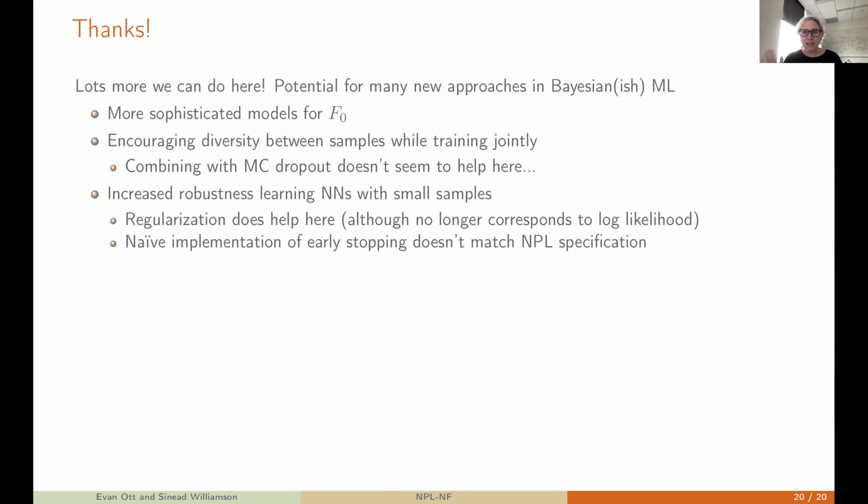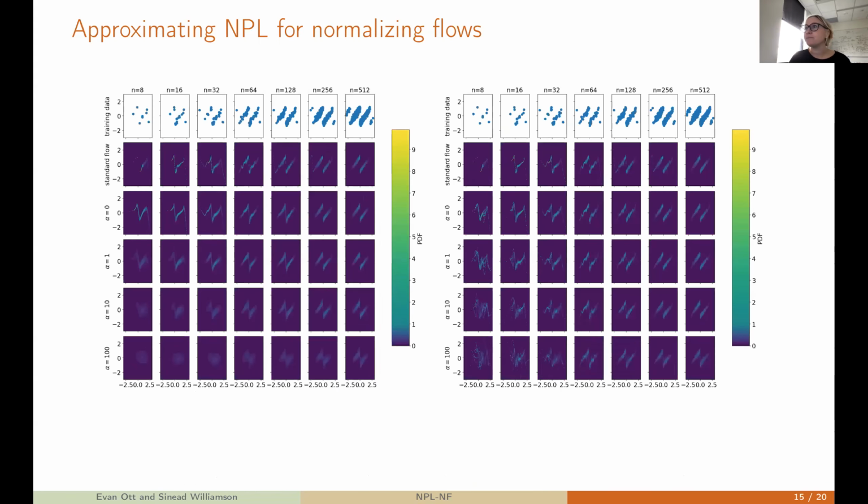And while I'm really pleased with this work, I do think there are ways it could be improved. Right? So if I look back to this slide, we do see some evidence that we're not getting quite as high uncertainty, especially in this very small n case, as we would under an exact model. And that's kind of to be expected.